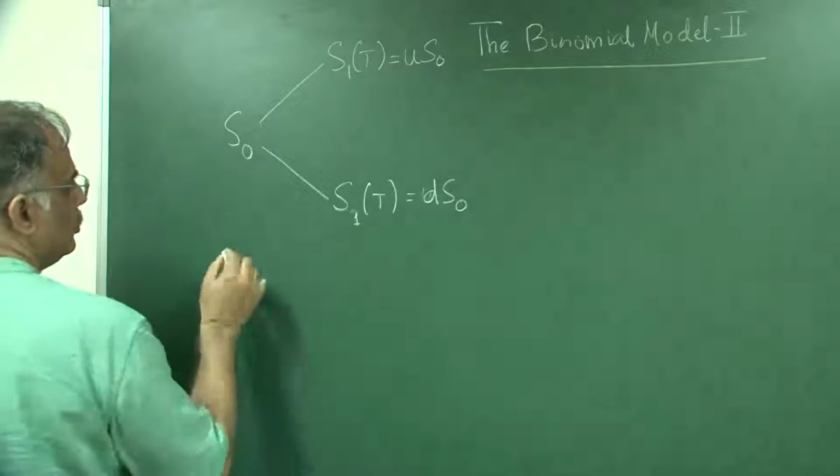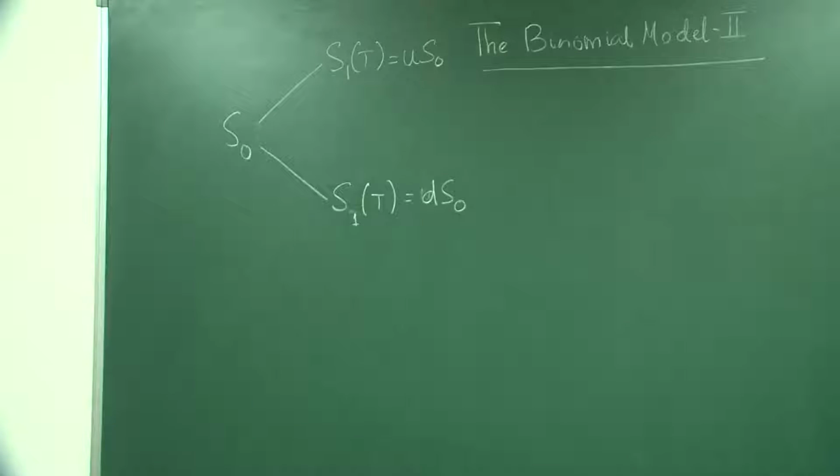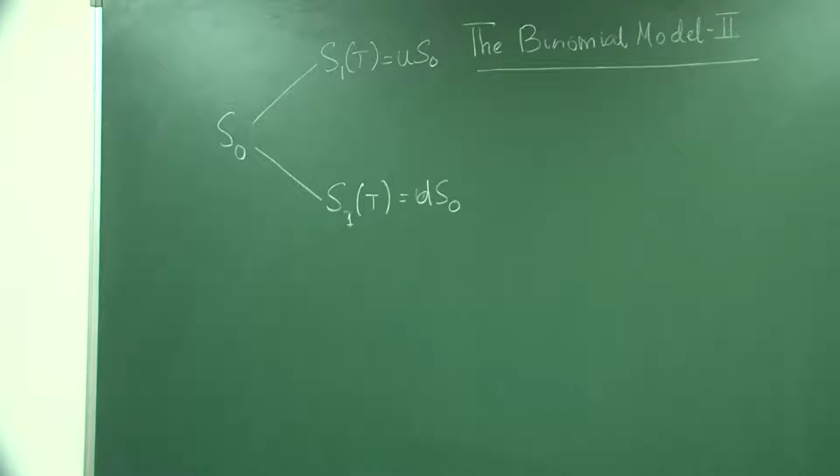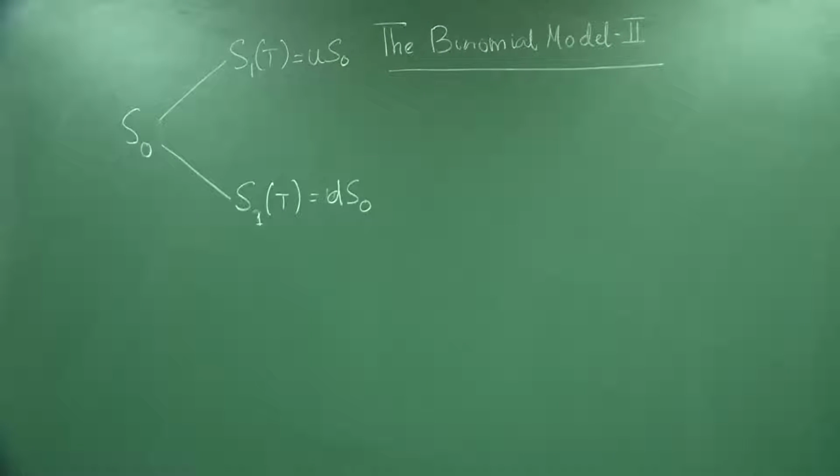And of course, you have bought an option with a strike price k, and you want to know what is the price of that option that you can charge, right. So, all those things have been completely discussed.